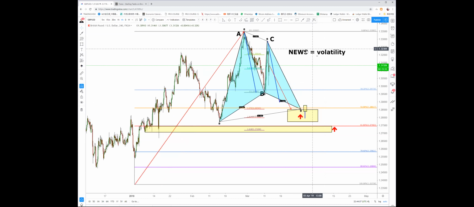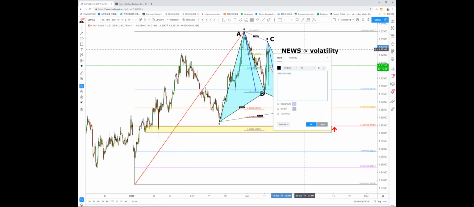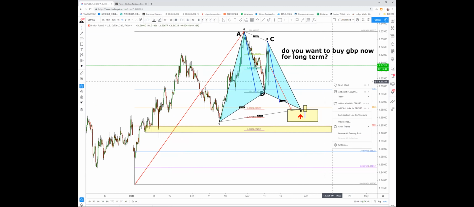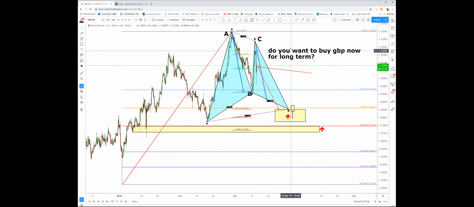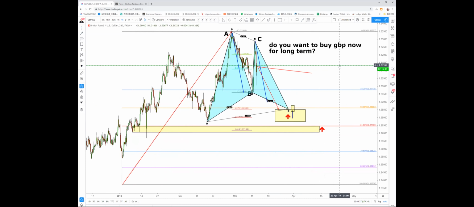So in conclusion, do you want to buy GBP now for long term? Is there any reason for you to buy the sterling from here? No, right? If you really want to buy, you have to wait for the price, at least for the blue Gardy or for the 618.